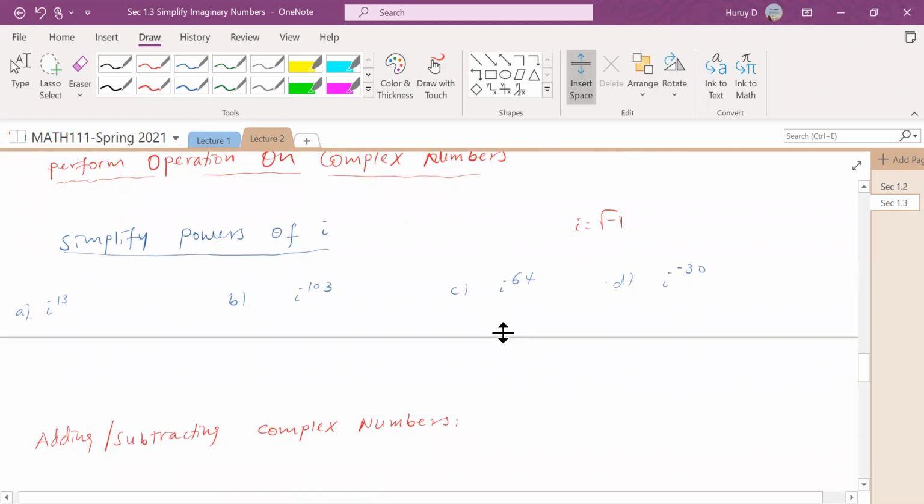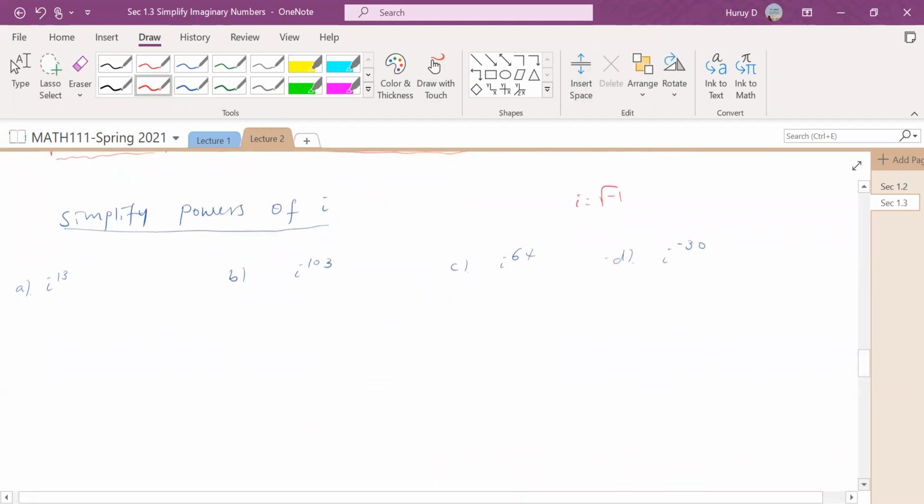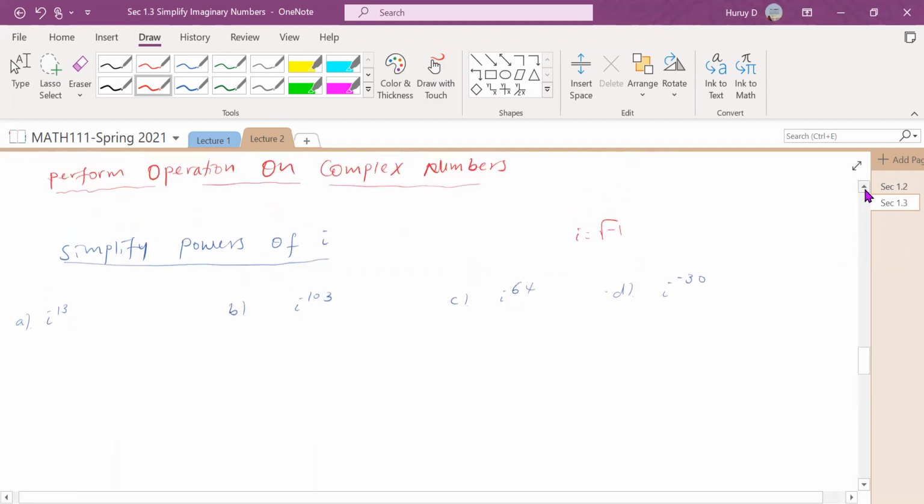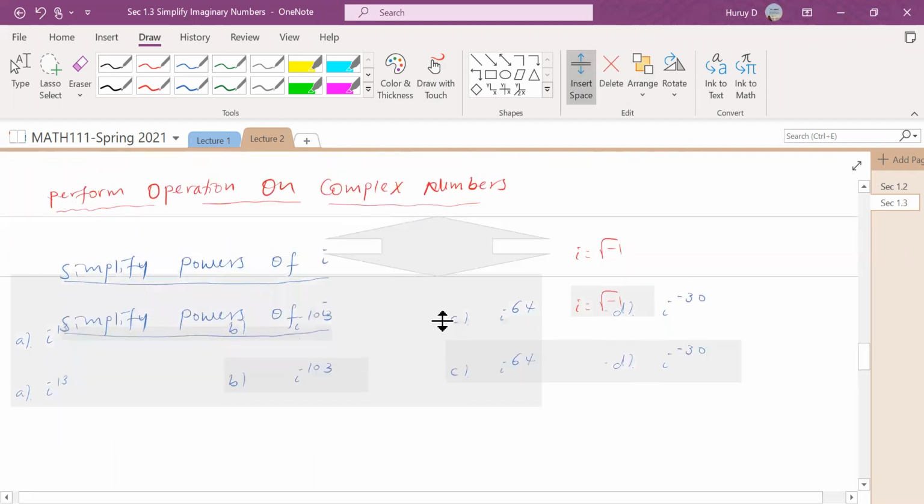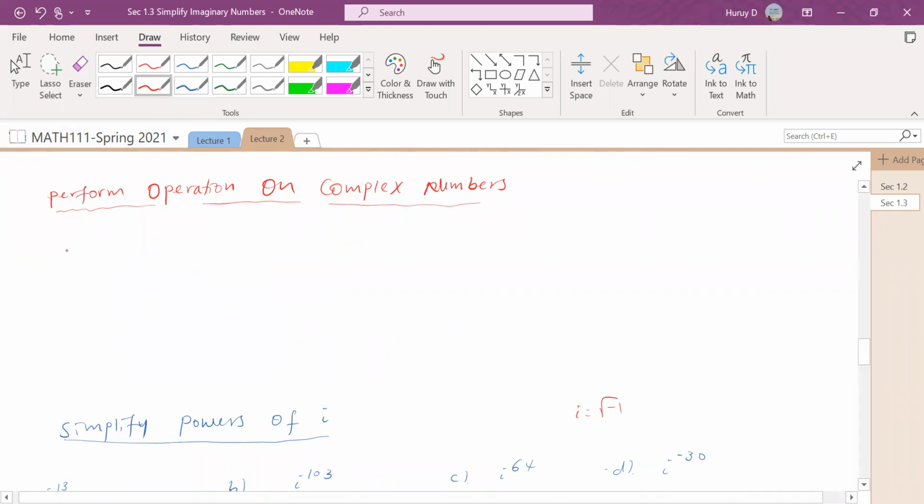Let me start with what we know: i is the square root of negative 1, and i squared is negative 1. How about i cubed? i cubed is i squared times i, right?